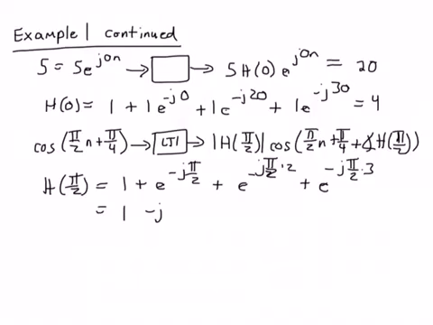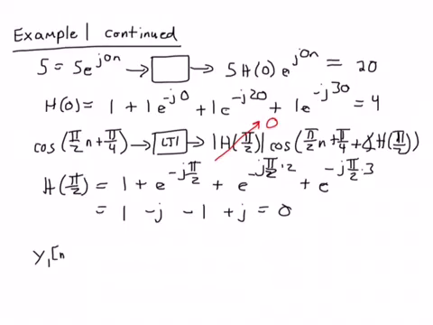This is e to the minus j pi, which is minus 1. This is e to the minus j 3 pi over 2, which is plus j. So this whole thing is 0. So the output for this term is just going to go to 0. And that's because the frequency response is equal to 0 at pi over 2, and that's the frequency of the input.